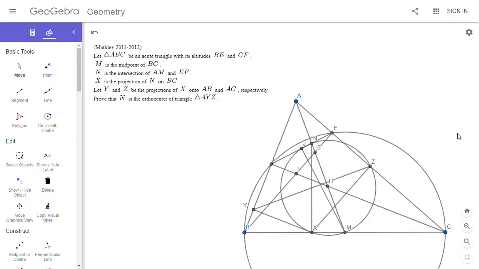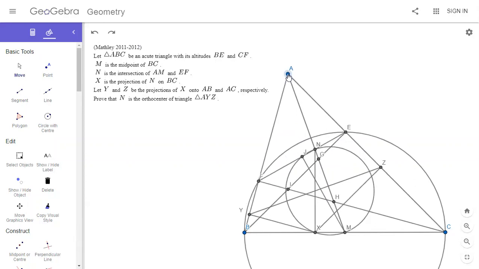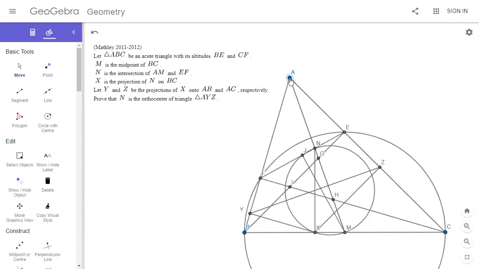So I think YZ is perpendicular to AM actually. Let's see. Is that obvious?